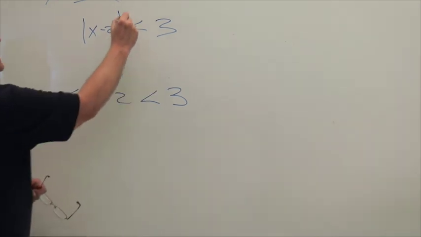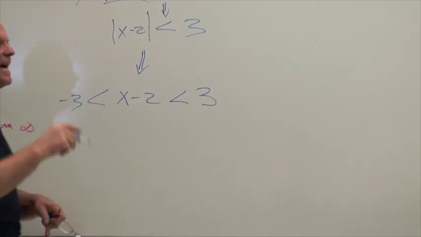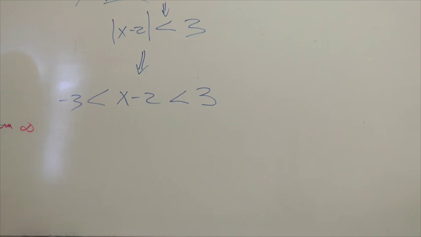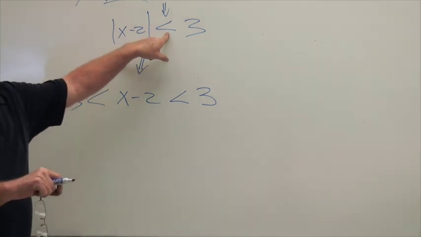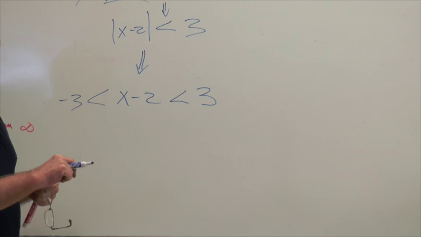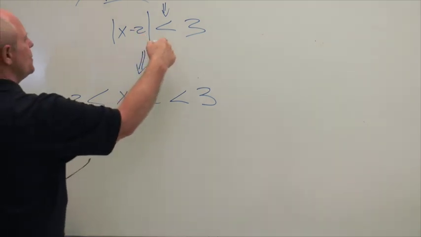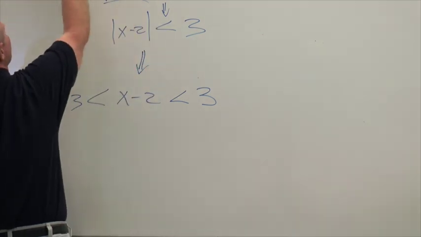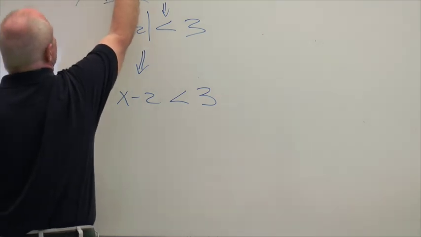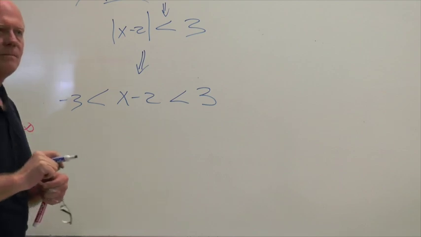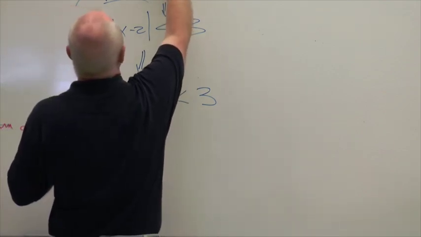What happens when you start with a greater than sign? Do you remember that? If this was absolute value of x minus 2 is greater than 3, this goes to an OR statement, right?